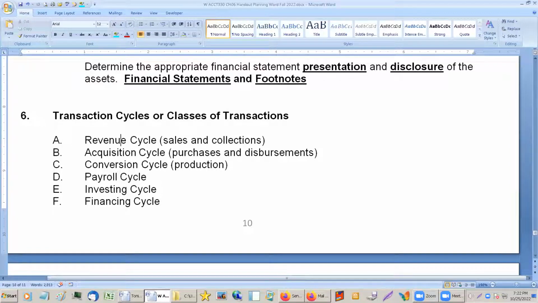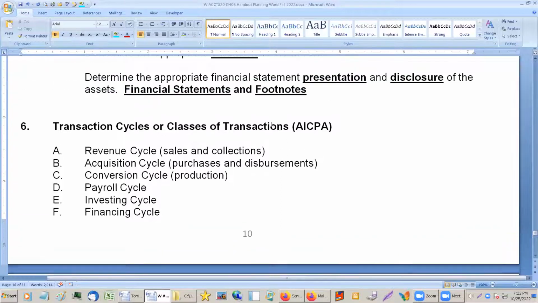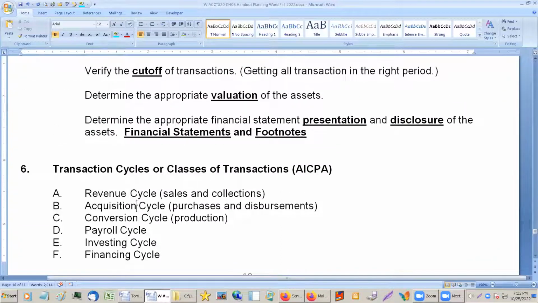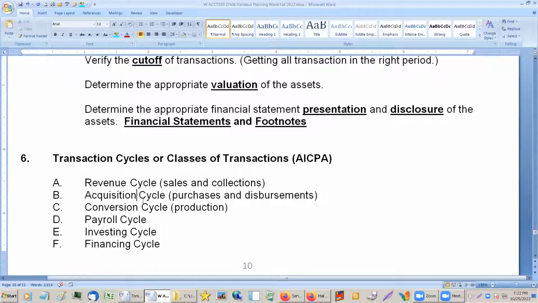These are the cycles that the AICPA has listed. Now, there's nothing wrong with the cycles, but quite honestly, the testing is going to be exactly the same.